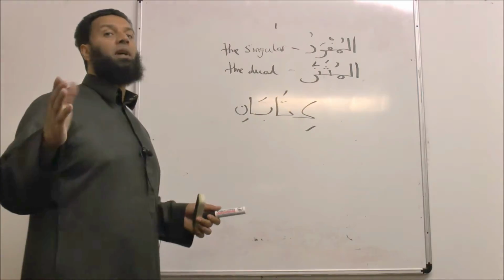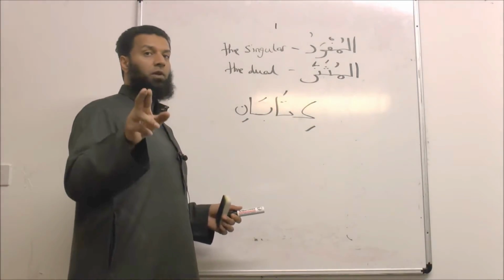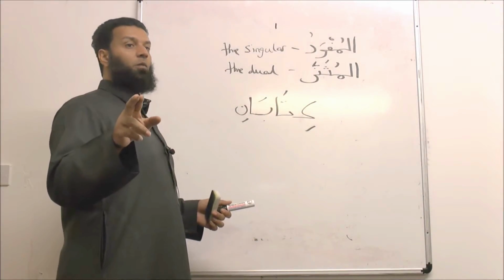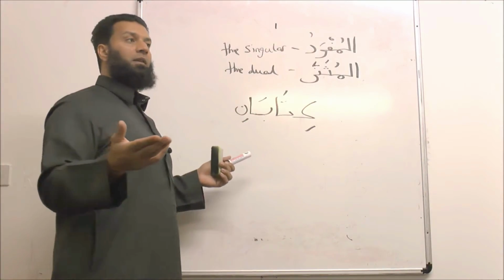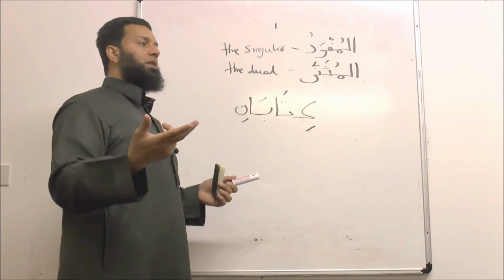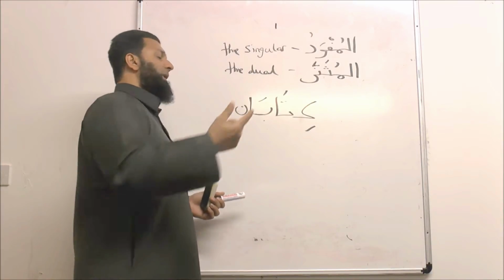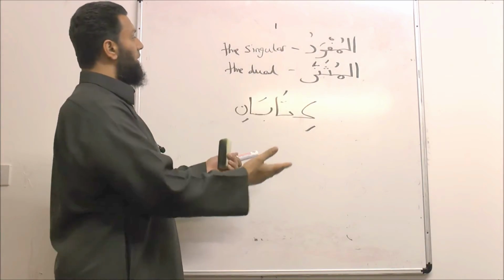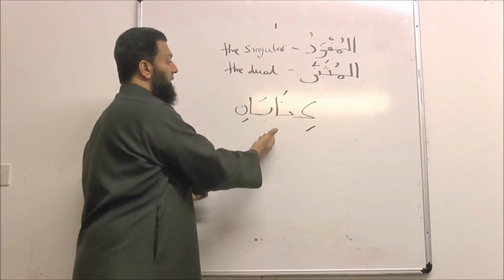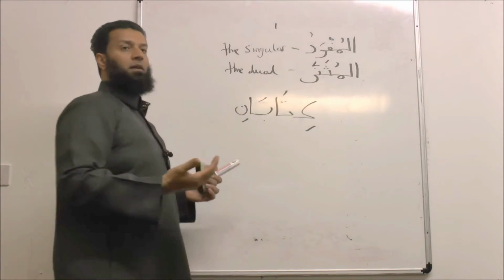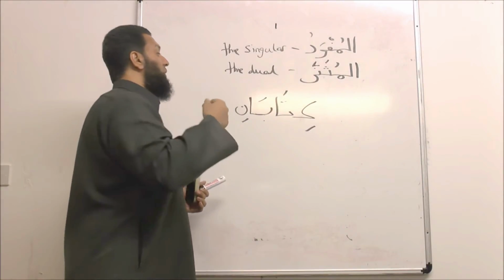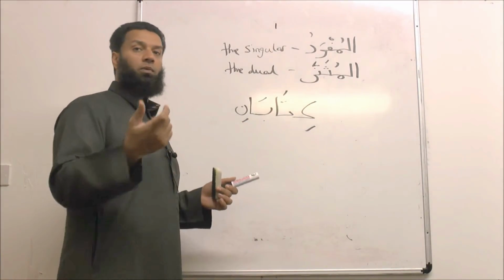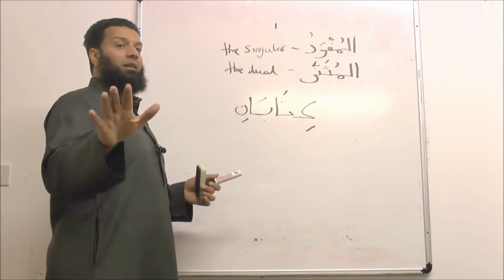Why would I do that? You follow? Because it changed. But what's caused it to become majrurun? The dual. No, the dual wouldn't cause itself to become majrurun. The dual is just the way it's formed. It's the way it's pronounced. Why would the way that it's pronounced cause it to become majrurun? It makes it easy on the tongue. No.